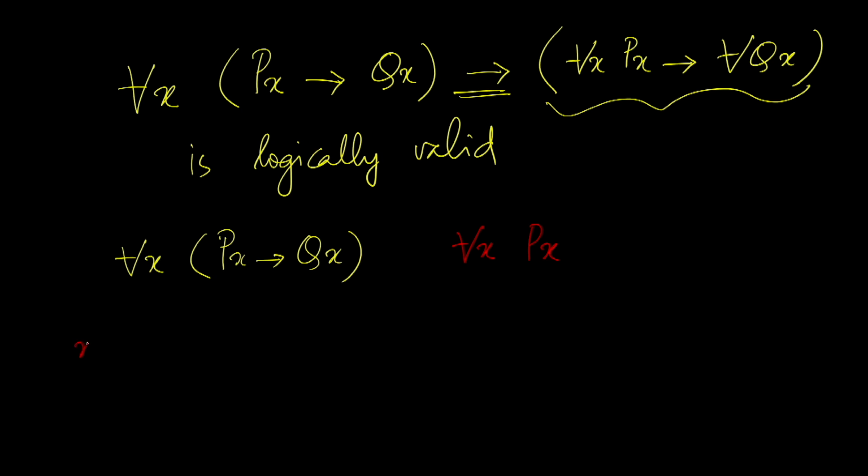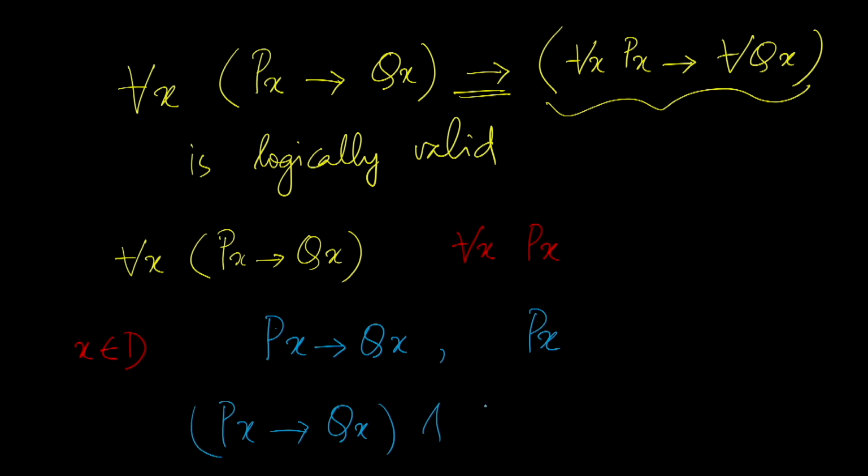Then consider any x belonging to D. For this x, we have that Px implies Qx is true and Px is true. You can readily verify that Px implies Qx and Px together ensure that Px and Qx are both true, or in particular, Qx is true.